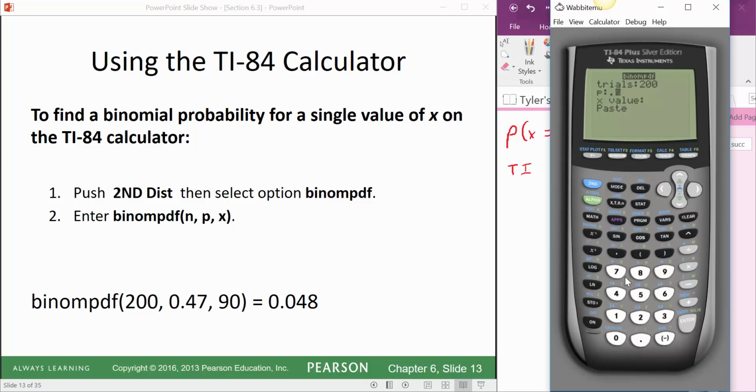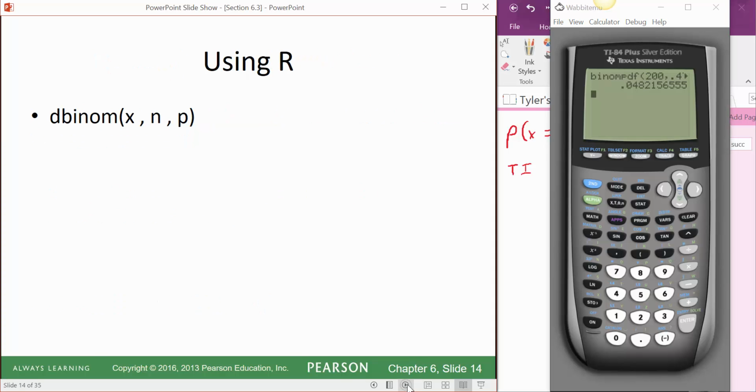Oops, didn't get the 4 in there. 0.47. And then the x value is 90 that we want to look at. I hit enter, paste, enter again, and there's my probability, right? So the probability of getting exactly 90 is roughly 0.048, so roughly about 5%. Right? So that's how you would find this using the graphing calculator.